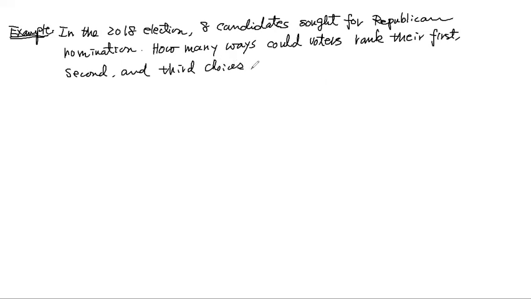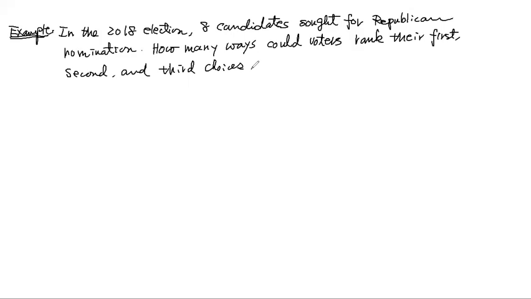Okay, so like for these problems here, we said we have 8 candidates, right? So I'm going to vote. So, hey, this candidate is my first choice, and this candidate my second choice, and this one is my third choice. So that means out of the 8 candidates, I'm going to take out 3.